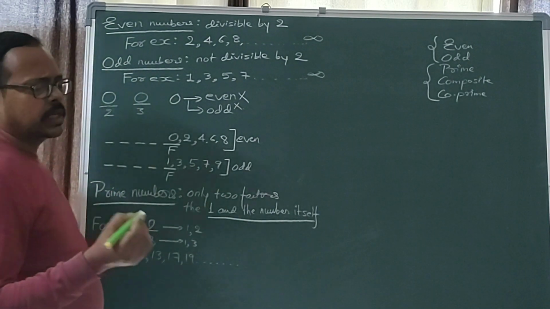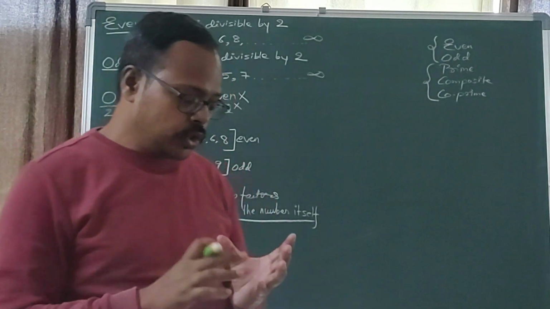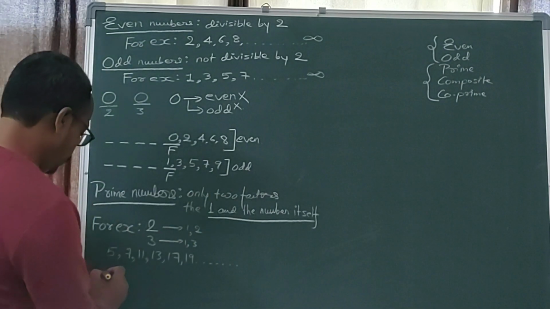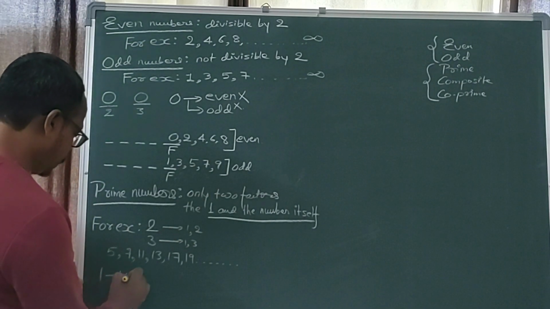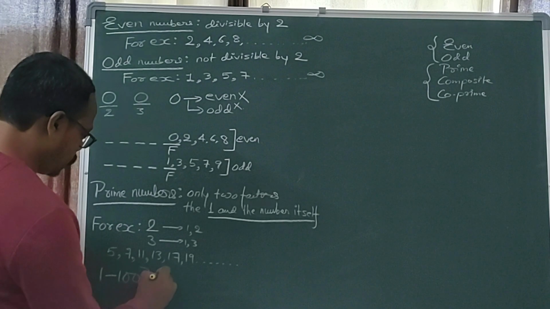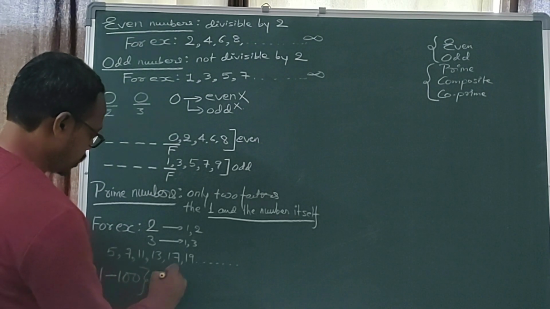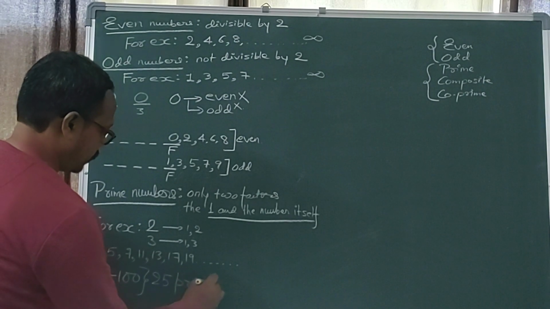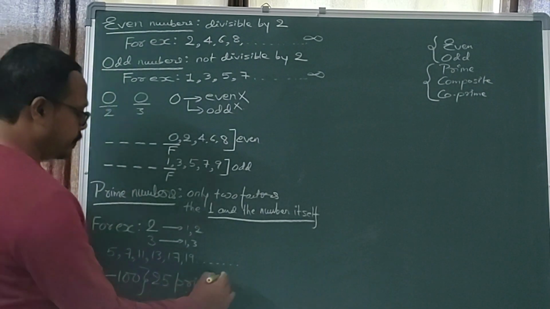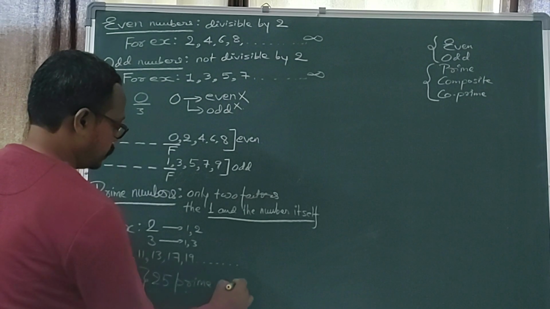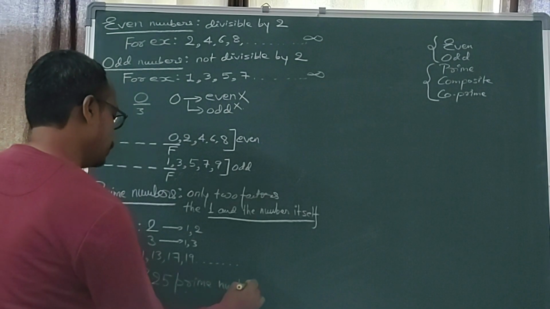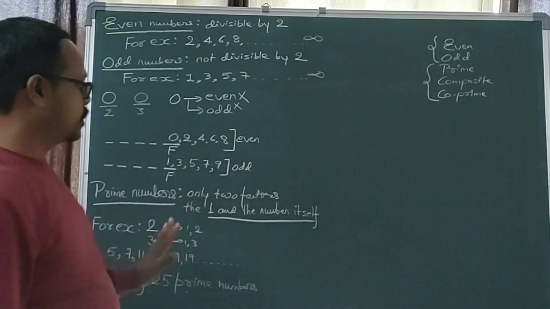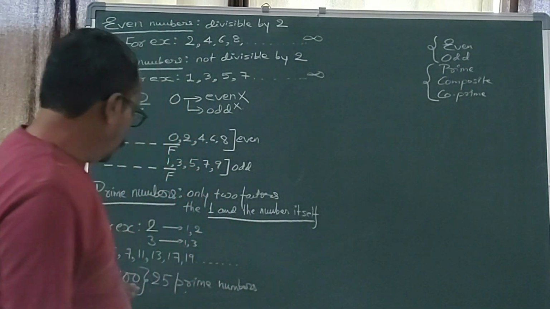Just for knowledge, I am saying this: between 1 to 100, how many prime numbers exist? 25 prime numbers exist between 1 to 100.